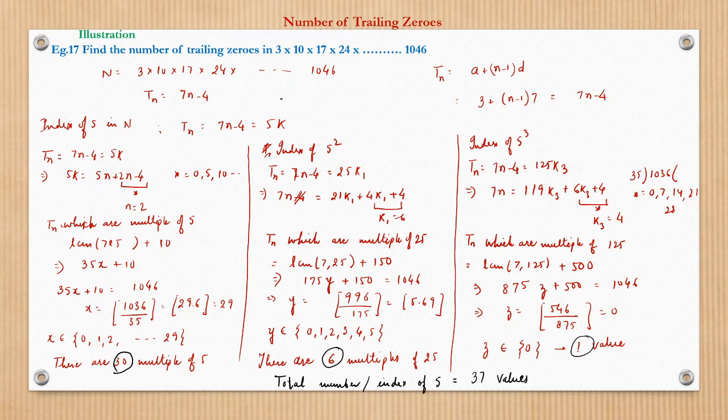In this equation, the index of 2 would be more than the index of 5, so 5 being a limiting case, the number of trailing zeros is nothing but 37. This is the answer, right?